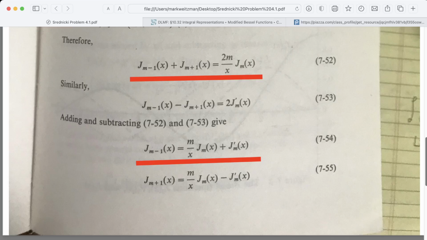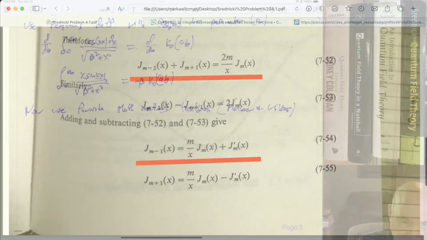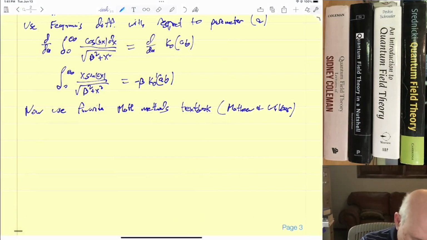Okay. So using those two formulas, and doing the case where m equals 0, I'm going to get this. Even though they're written in terms of J, they apply to K, because after all, K is just linear combinations of various other Bessel functions of imaginary arguments. So that equals that.